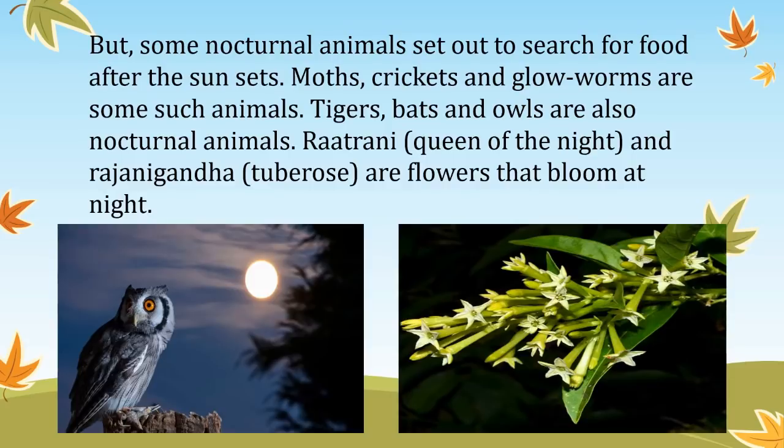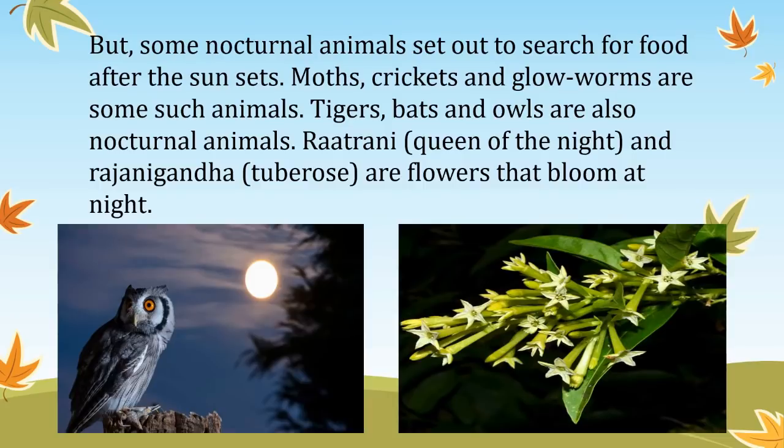There is a special name for living things that are active at night. They are called nocturnal creatures. The nocturnal creatures rest during the day. They come out to look for food at night.